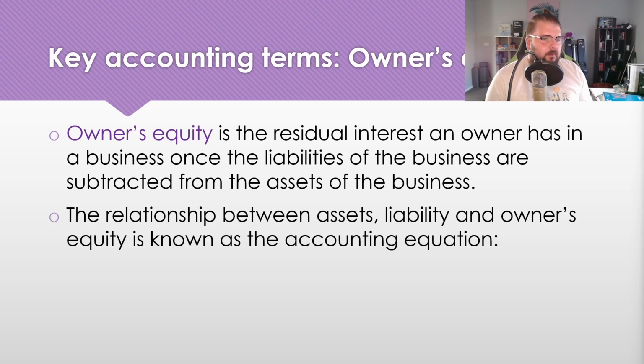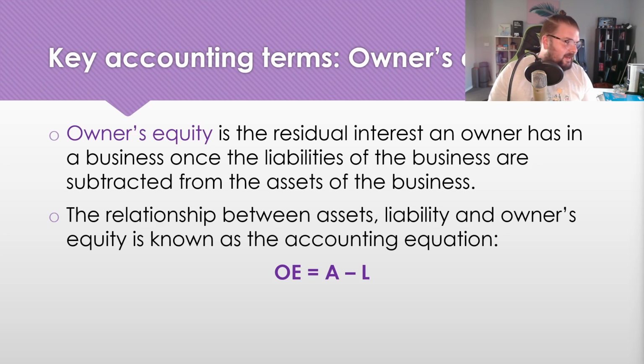So, the reason we use this definition of the residual interest the owner has is because it helps us understand the accounting equation better, which is something we're going to look at a lot more when we start looking at balance sheets soon. But the accounting equation is owner's equity equals assets minus liabilities.